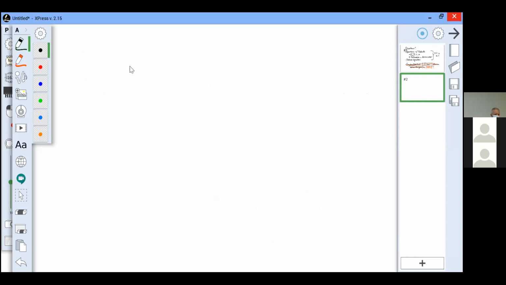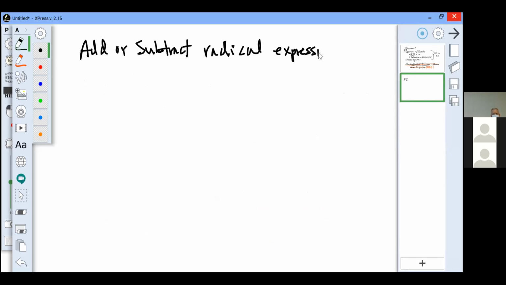Okay, so add, subtract, multiply, divide. You have to have like terms. Let's just do add and subtract first. So we're going to add or subtract radical expressions. In its simplest case it is kind of like this.